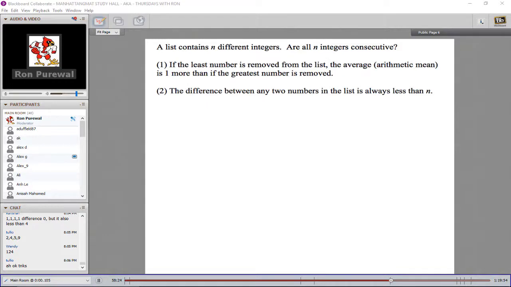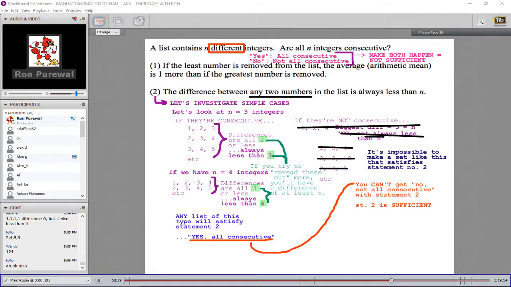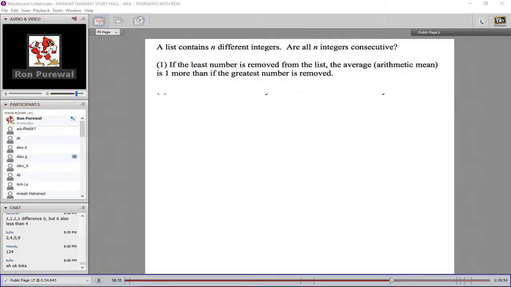We already resolved it on the previous page. Statement 2 is, I might have written it wrong. Did I write that wrong? Yeah, no, it's sufficient. That's right. This statement is sufficient. We can white that out. Let's look at statement 1. The least number is removed from the list.